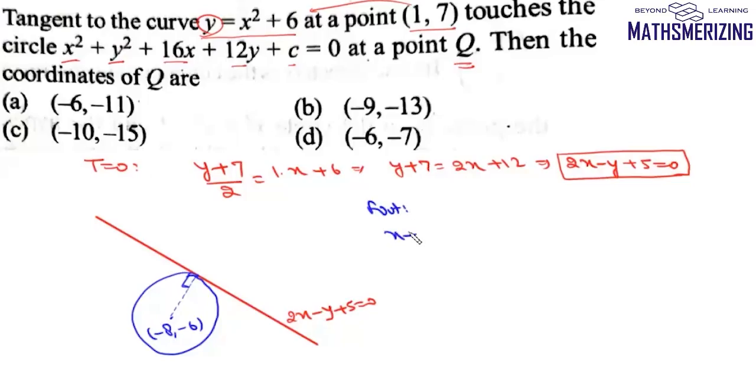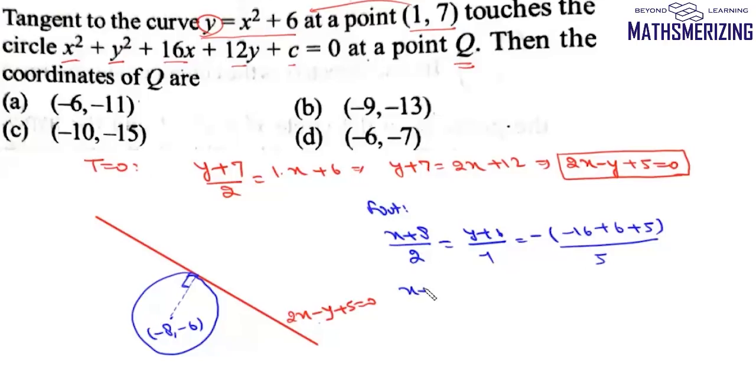So we have a direct formula for that. It is (x plus 8) upon 2 and then (y plus 6) upon minus 1, and then equals minus, we'll put the value of this point, so it is minus 16 plus 6 plus 5 upon a squared plus b squared. So it should be 5.